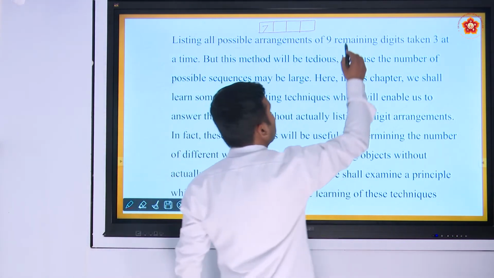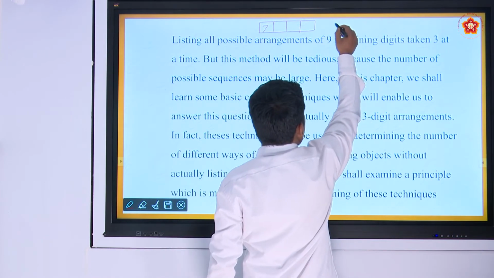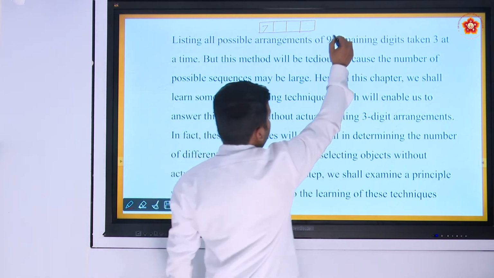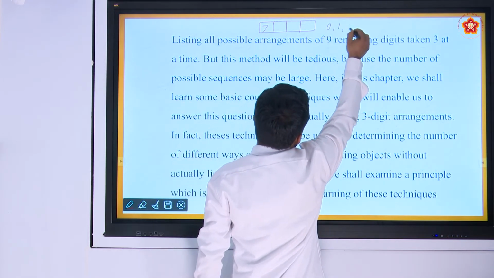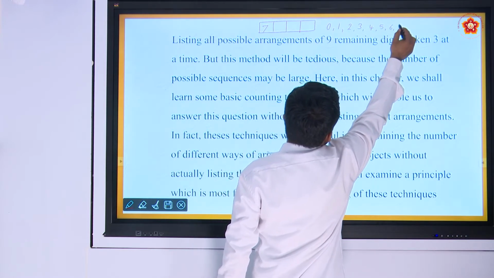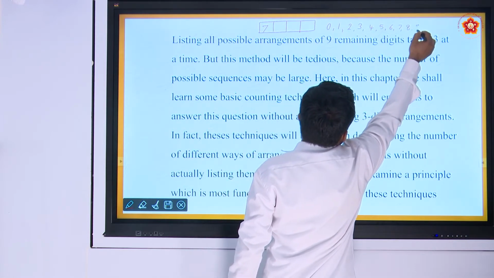What are those 9 remaining digits? We have digits from 0 to 9, so we have 10 digits: 0, 1, 2, 3, 4, 5, 6, 7, 8, 9.